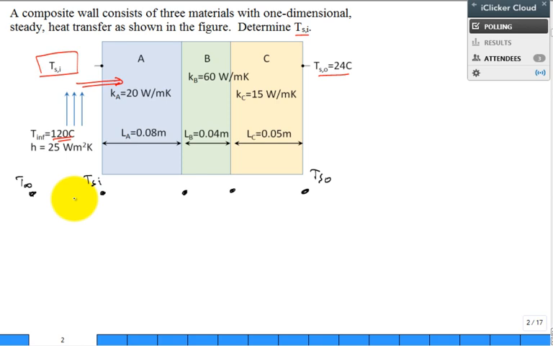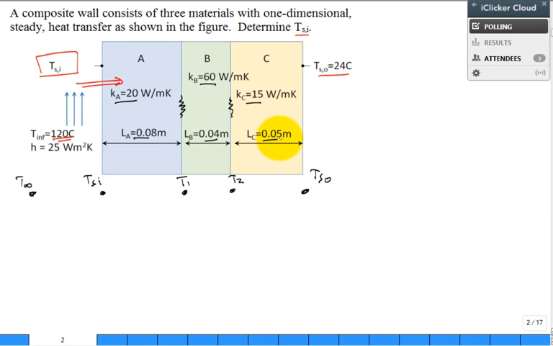Now I don't know this temperature, T1 or T2, and I don't even need to name it, but we could name it, and so we call it T1 and T2, some interface temperature between material A and B, and between B and C. Now, I failed to point out a lot of information is given about the thermal conductivity and thickness of each of those slabs.